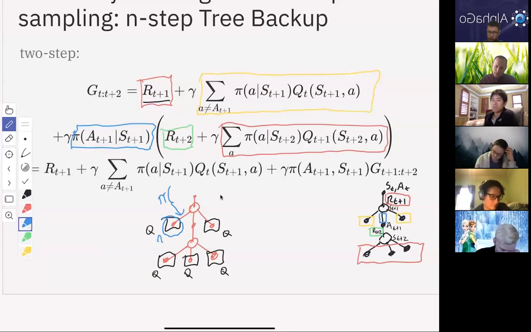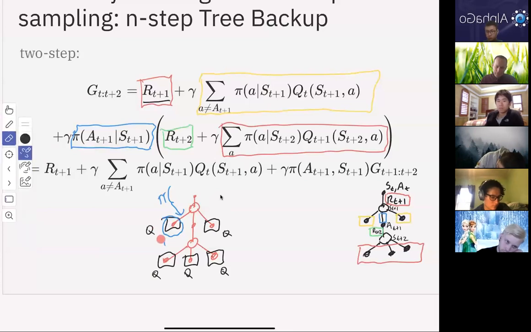Let's call this one a, some lowercase a.